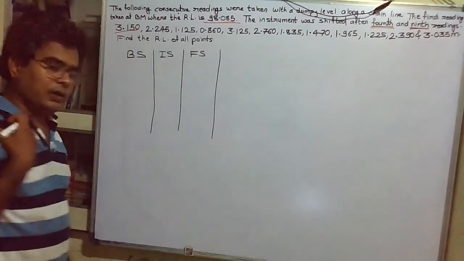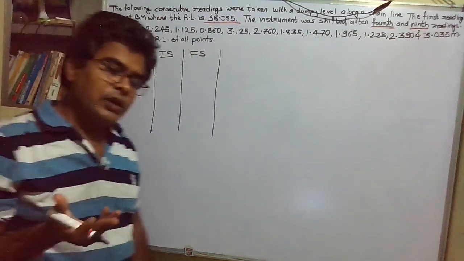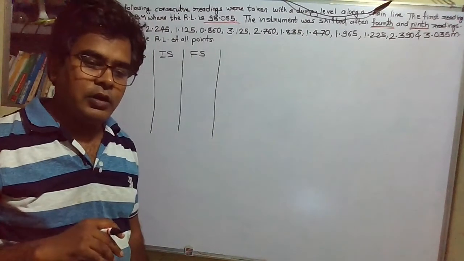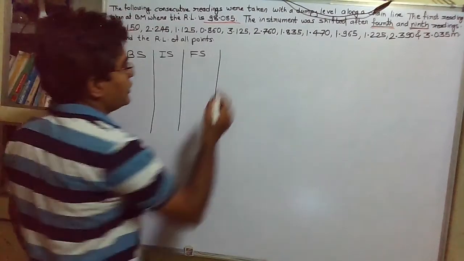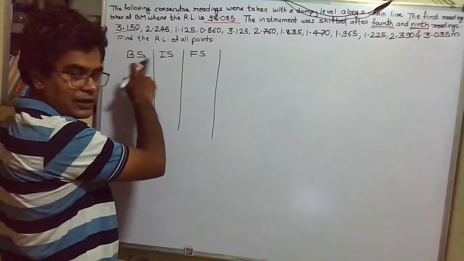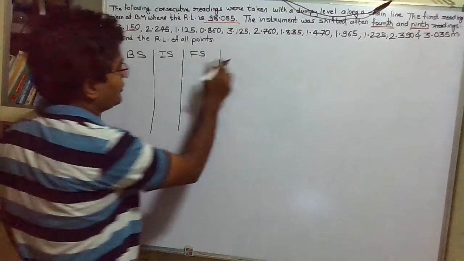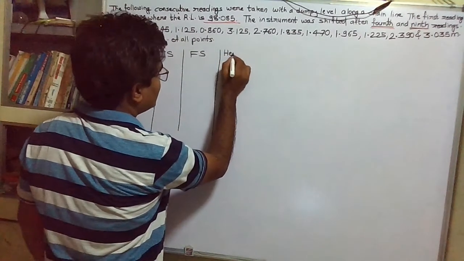And when we are using line of collimation method or height of instrument method, after this backside, intermediate side and foresight column, there will be one column, height of instrument.